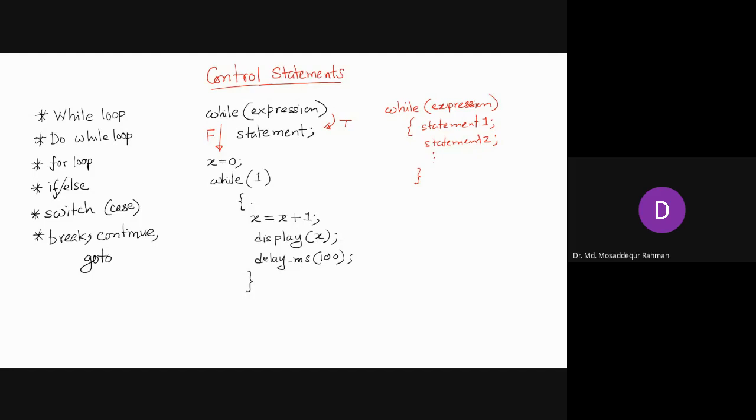So if you want to put some upper limit here, we can write an if statement. Let's say if x is greater than 100, then we set x to 0. Then what will happen?